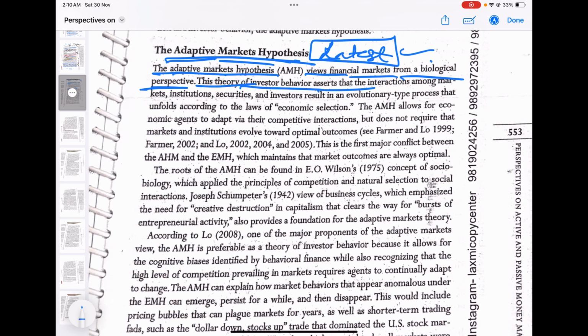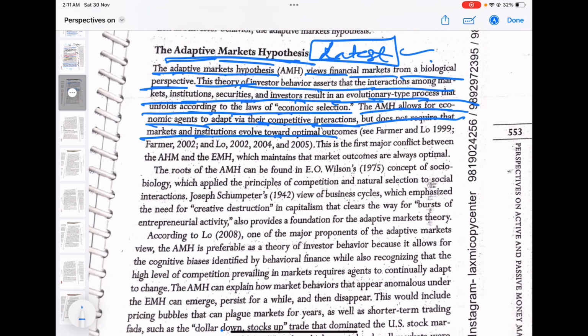This theory of investor behavior asserts that the interactions among markets, institutions, securities, and investors result in an evolutionary type process that unfolds according to the laws of economic selection. The AMH allows for economic agents to adapt via competitive interactions but does not require that the markets evolve toward optimal outcomes. This is the first major conflict between the AMH and EMH, which maintains that market outcomes are always optimal.